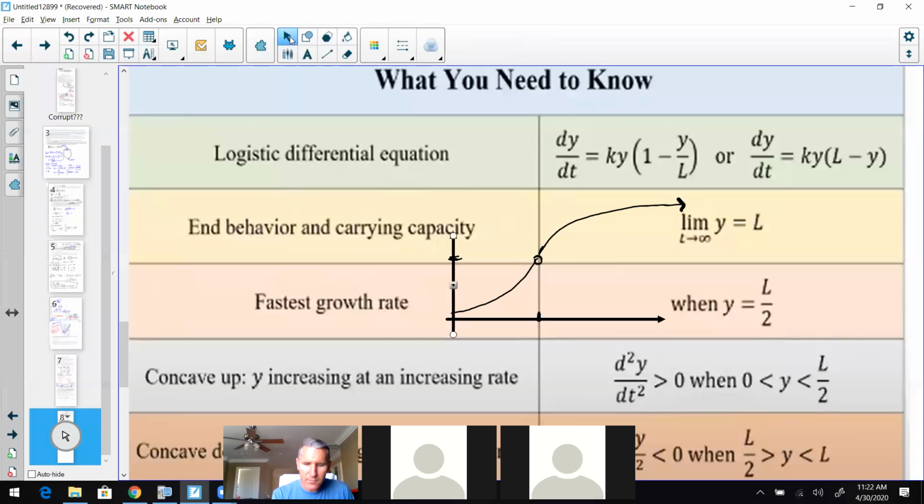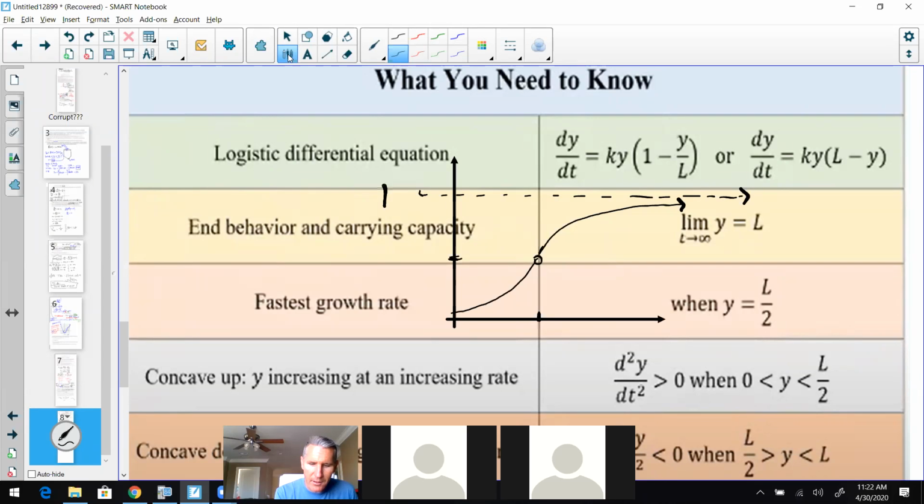And check this out. There you go. So this guy right here is going to be the carrying capacity. So for this problem, this is L, right? Because they have L there as our carrying capacity. Well, this right here is going to be L over 2.